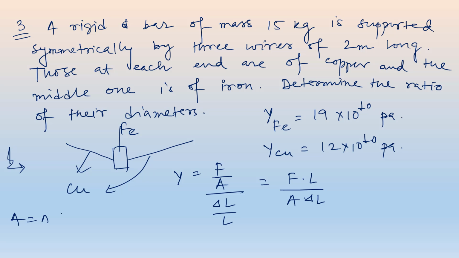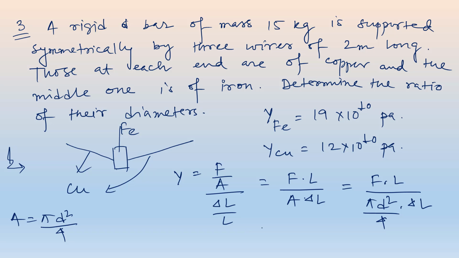Area equals pi d square by 4. Substituting that, Young modulus equals F into L divided by pi d square by 4 multiplied by delta L. So the Young modulus is inversely proportional to d square.